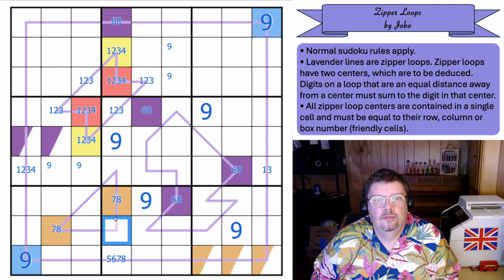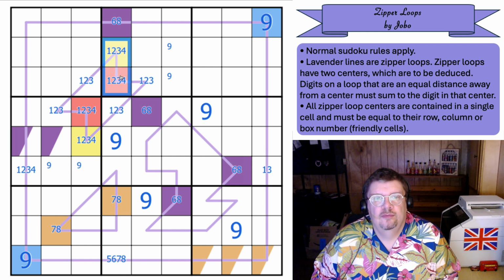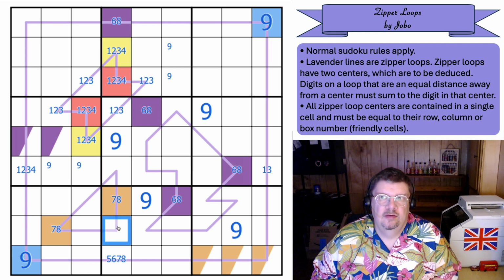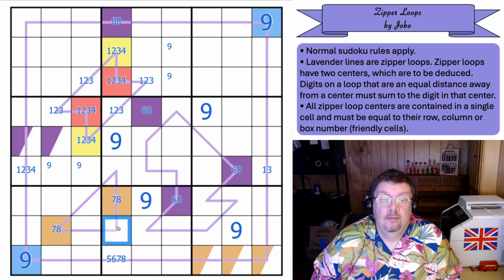Yeah, so in fact, yes, we know that one of those two is 4. We know that to make the 7 or 8, we need a digit from 1, 2, and 3, and then a digit from 5, 6, and 7. Because I can't do 3 and 4, and I can't do 4 and 4.